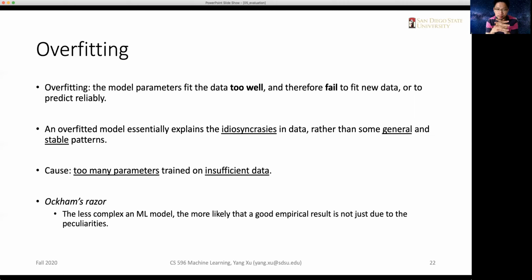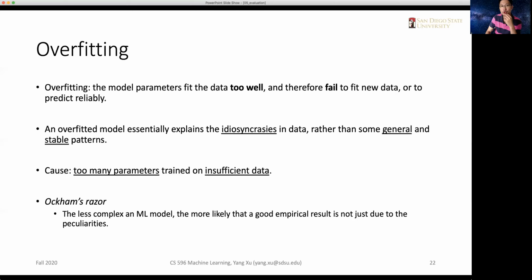If the less complex model can make pretty good empirical predictions, then we tend to use a simpler model, because the model is more likely to make more general predictions instead of capturing the idiosyncrasies in the data.